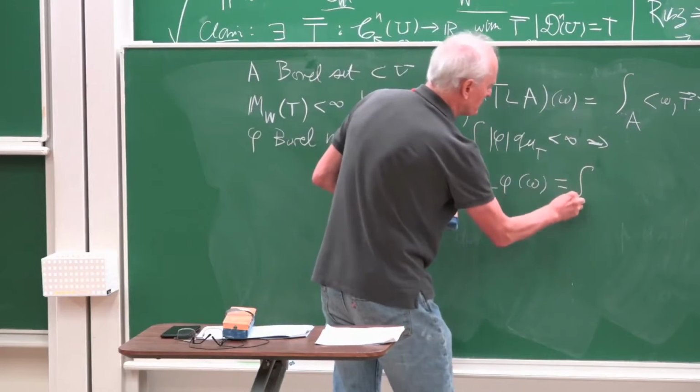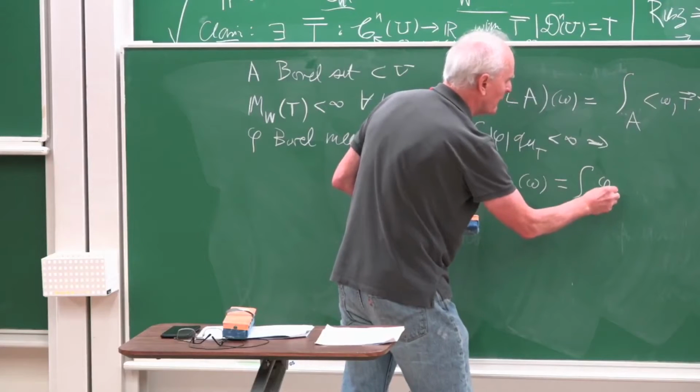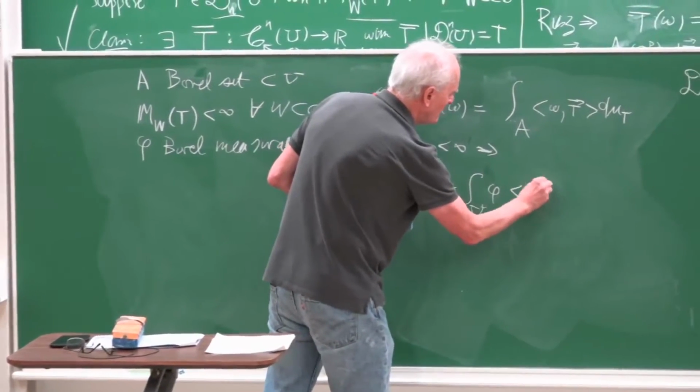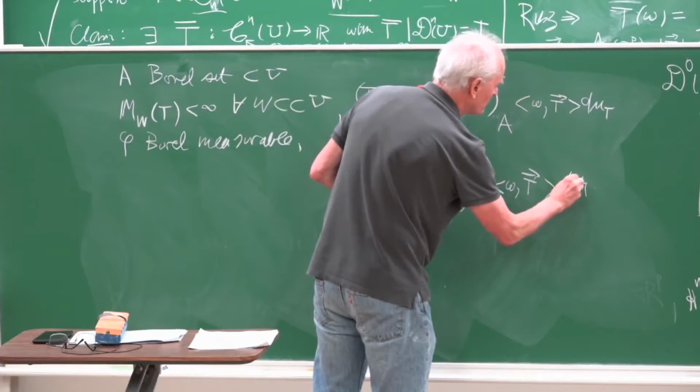Namely, that's just the integral over U of the same stuff, but integrating phi now, d mu T.